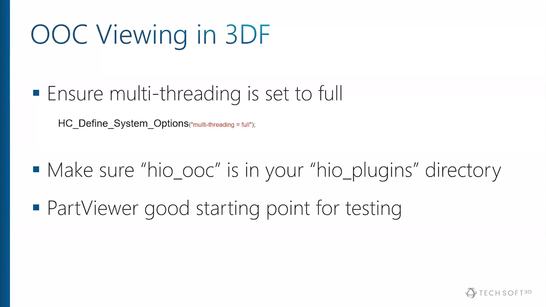If you use MVO, you can just load the point cloud models just like any other data type. And for this, I would say the part viewer is always a good starting point to test it out and to set the various options. It doesn't have any special OOC functionality, but it's all wired up so that you can just load and view the point cloud data.